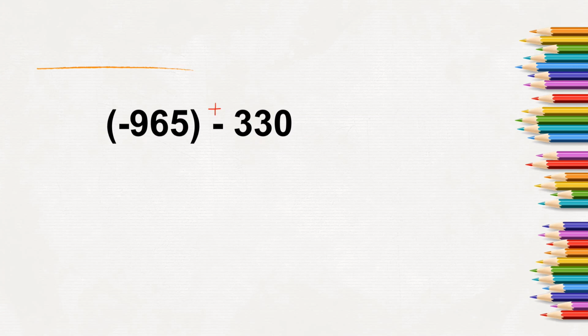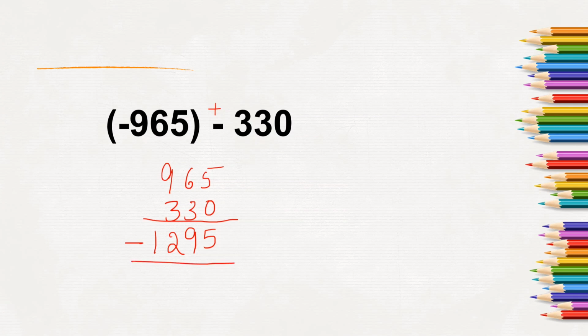So here what is 965 plus 330? 5 plus 0 is 5, 6 plus 3 is 9, 9 plus 3 is 12. So, then add the minus sign. So, it will be minus 1295 as we move to the left on the number line.